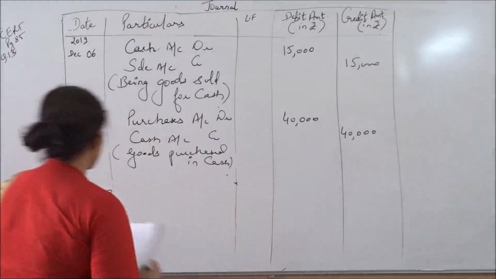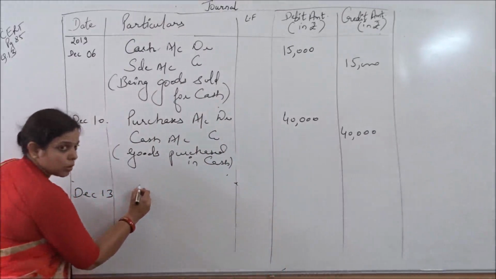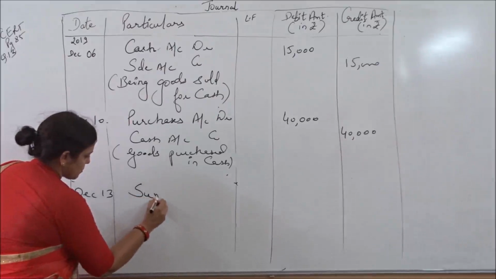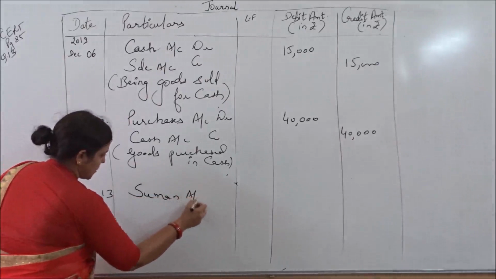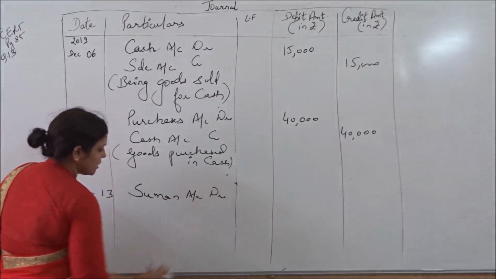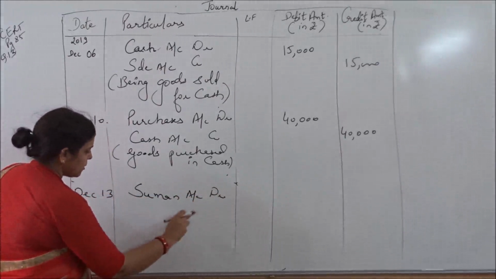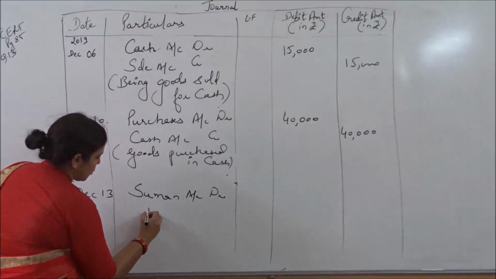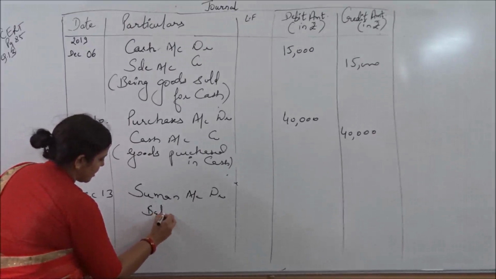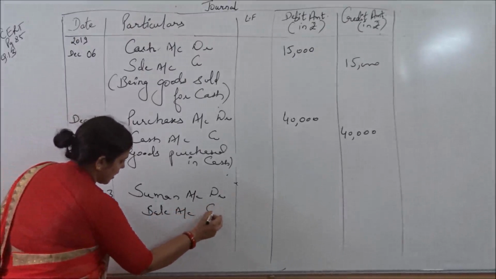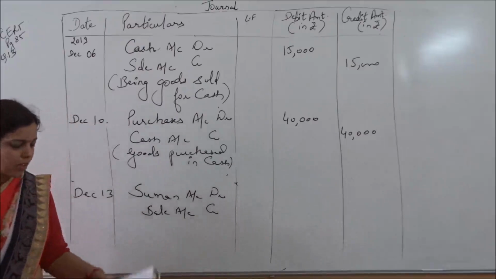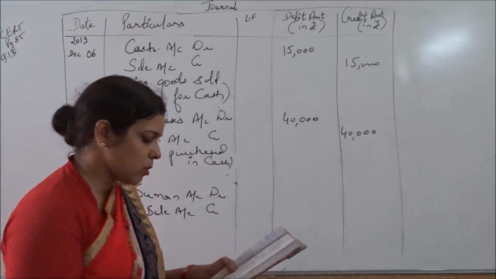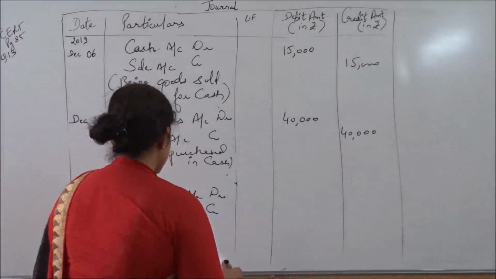Since goods are sold to Suman, you will write Suman account debit, because here Suman is the receiver. And the receiver is always debited according to the personal rule. And what has the business done? Sale. Sale account credit. And what is the amount? Again 20,000.